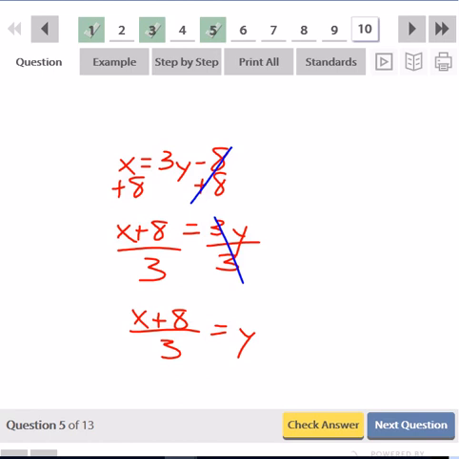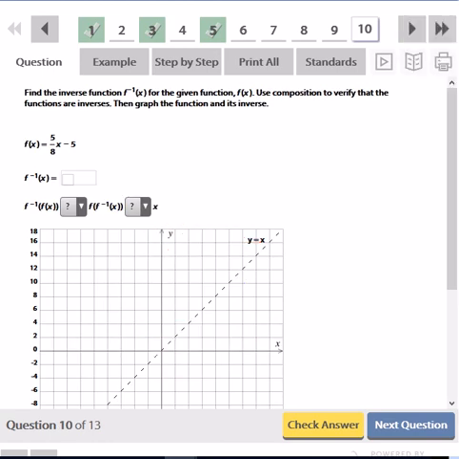Last example. Here, it looks like they want to find the inverse and then use a composition to verify that the functions are inverses, and then graph the function and its inverse. Okay, so first let's find the inverse. Instead of y equals, x equals 5 over 8 y minus 5.